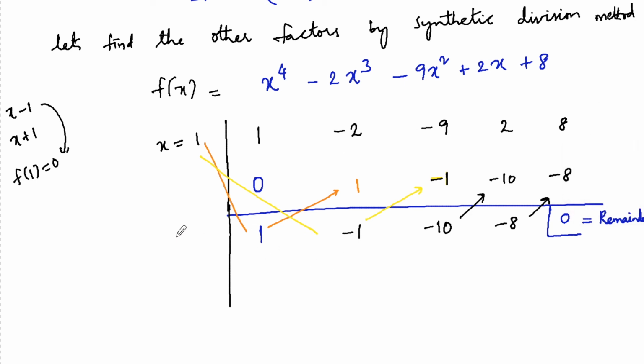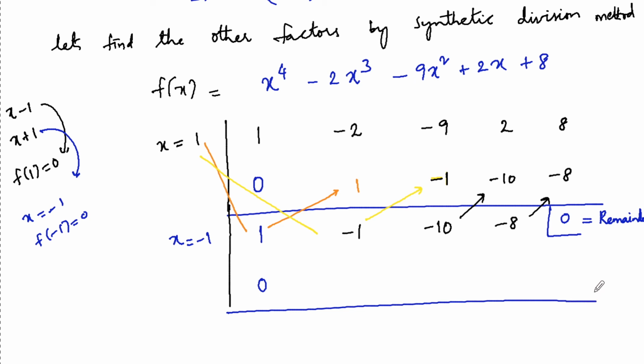Now let's continue with x is equal to minus 1. Since x plus 1 is a factor, therefore x is equal to minus 1, that is f of minus 1 will be 0. So let's take x is equal to minus 1. Again start with the same process, 0. Addition, 1 plus 0 is 1.